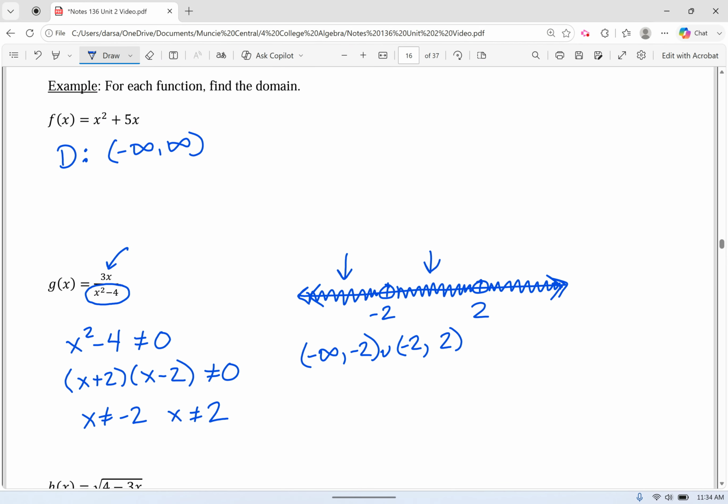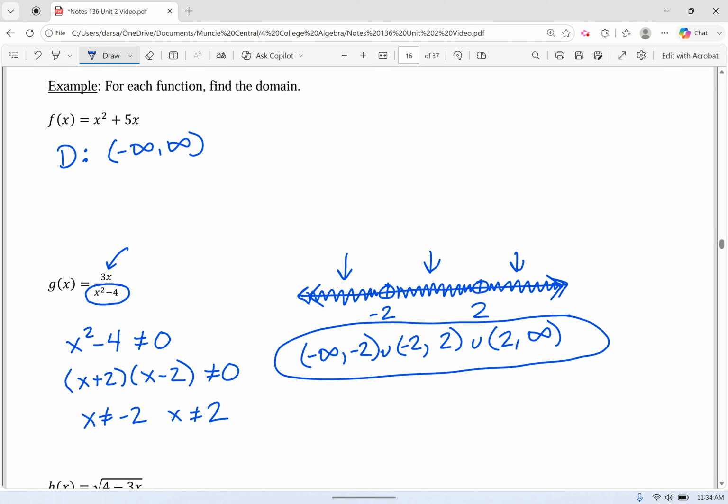Again, 2 and negative 2 are the stoppers. They're not included, but all the way up to them is included. And then our last chunk is from 2 to infinity. So this is how we write the interval notation that says all real numbers, but not 2 and not negative 2. Do you see how the breaks happen at 2 and negative 2? A little bit tricky, but I think y'all can handle it.